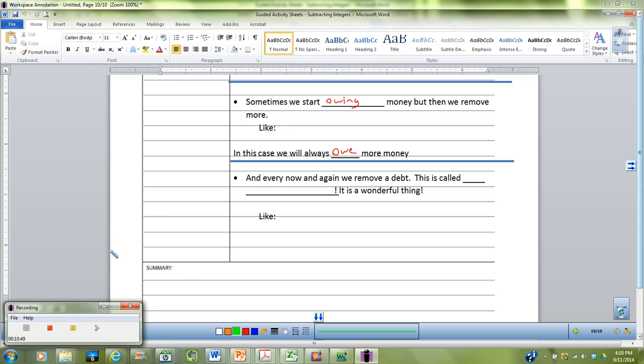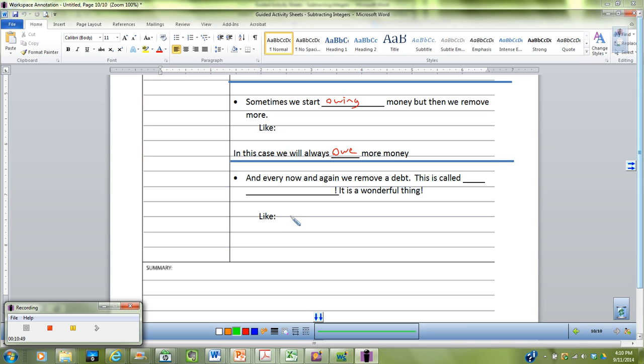Okay, and this last example is going to represent something in the real world that's actually pretty cool. And it represents a familiar problem that a lot of students have trouble with when doing integer operations. So in real life, say for example you owed a friend $10 and they were just feeling good that day and they said, hey, you know what, you don't have to pay me back.